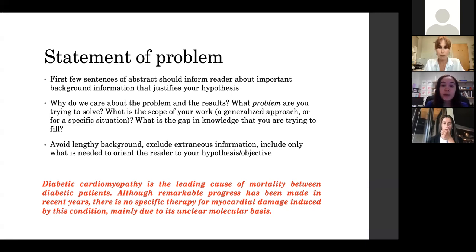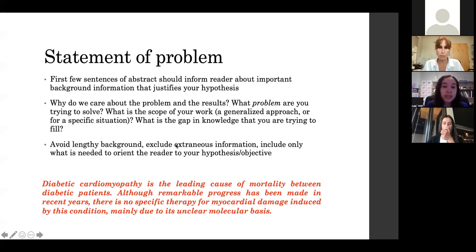So a research problem is an area of concern or a gap in the existing knowledge that points to the need for further understanding and further investigation. So the statement of problem will be used for a research work as a claim that outlines the problem addressed by your study, by your research.